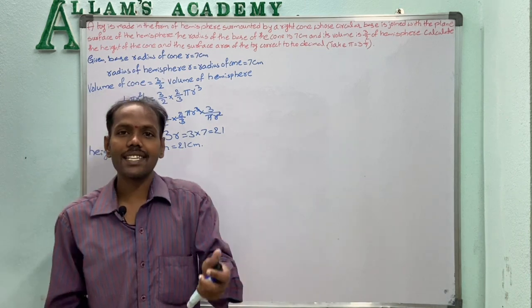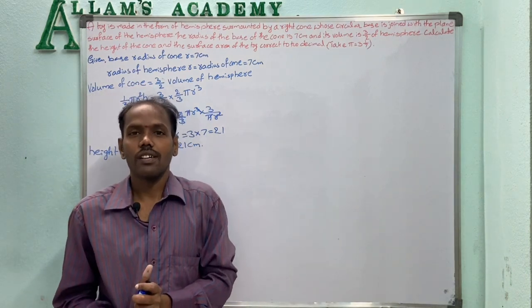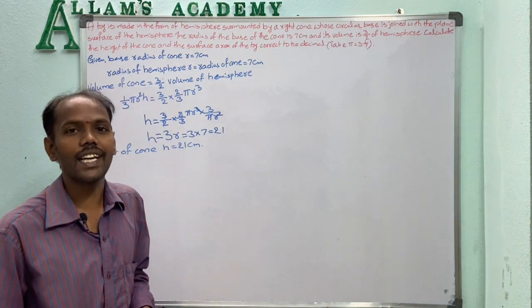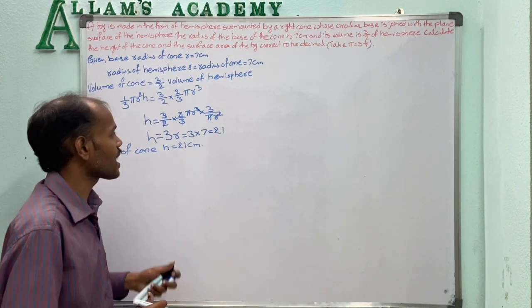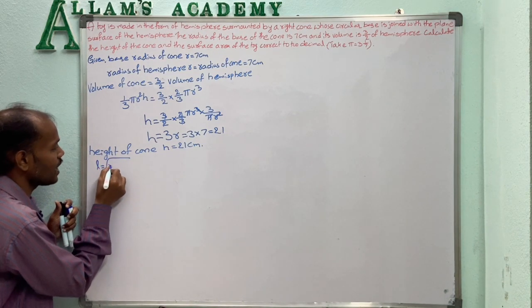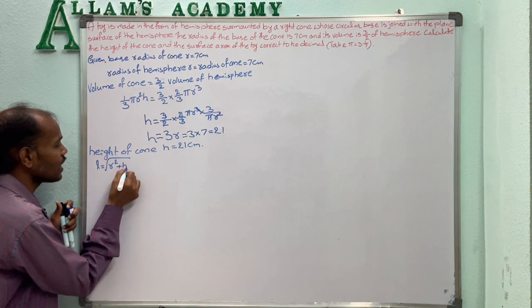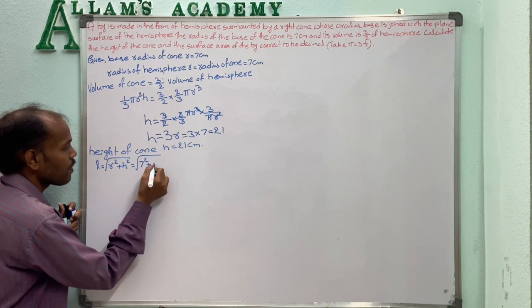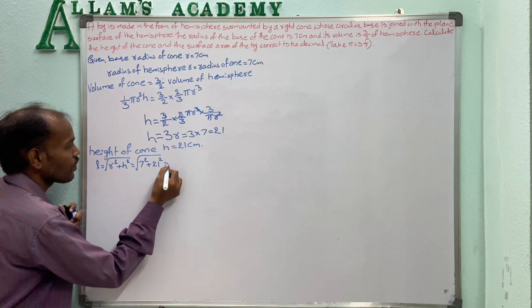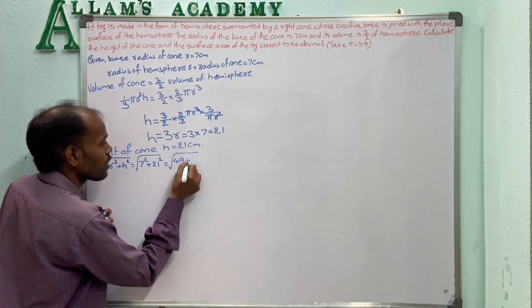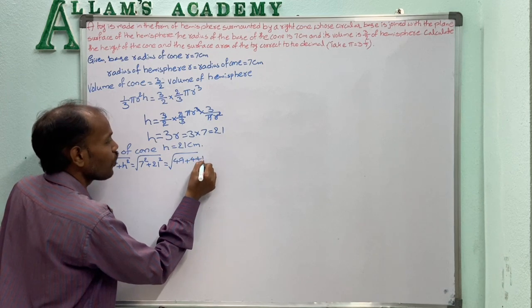Now we already said the curved surface area of the cone is pi r l. So here we have to find the L value. L is the slant height. The slant height of the cone, L, equals under root r square plus h square. So r is 7, so 7 square plus h is 21, so 21 square. Under root, 7 square equals 49, plus 21 square equals 441.